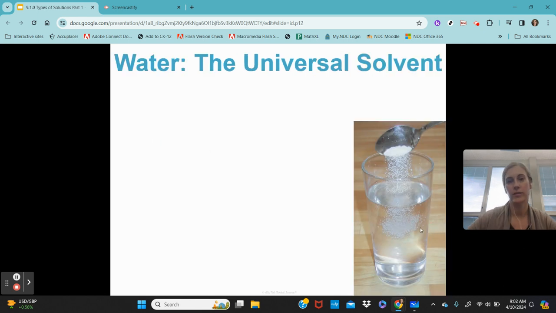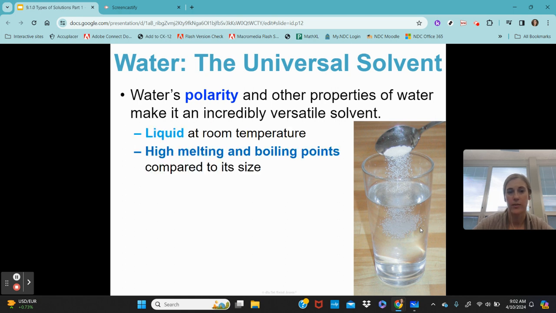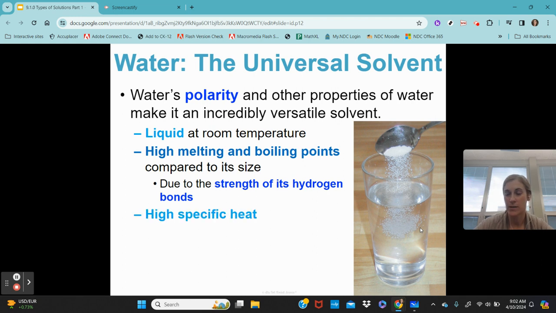Before we do the practice, we'll talk about water for a second. Water is a universal solvent. That means a lot of things dissolve in it because it's very, very polar. It's a liquid at room temperature. It has high melting and boiling points, and this is due to the strength of its hydrogen bonds from last unit. It does have high specific heat. It takes a really long time to heat up, but it also takes a really long time to cool down.